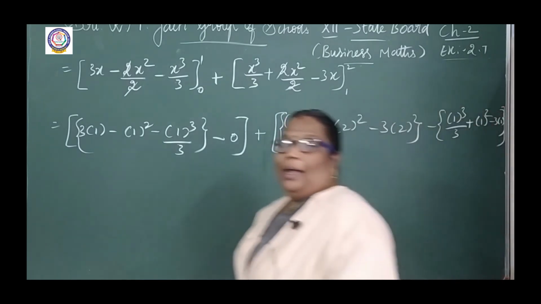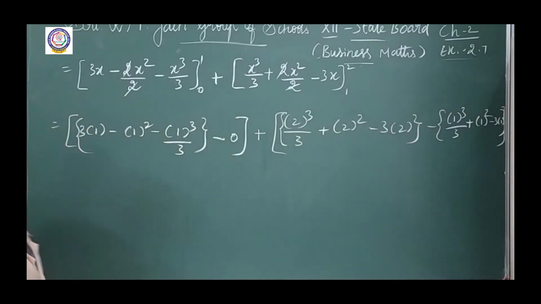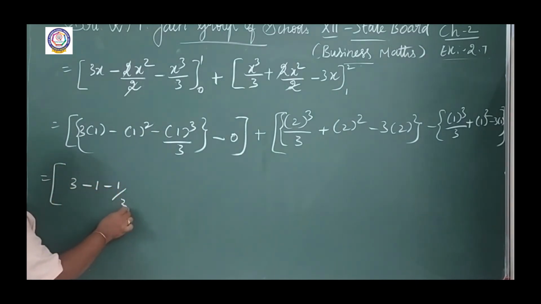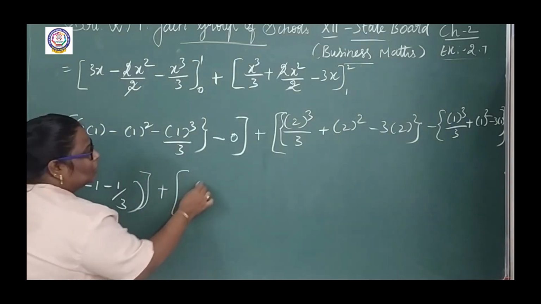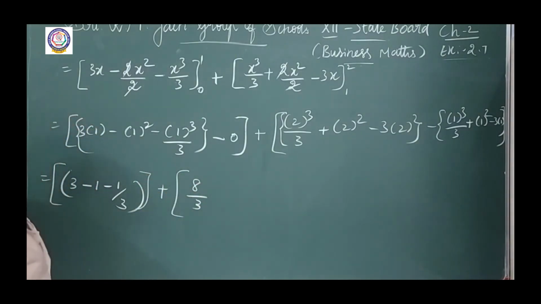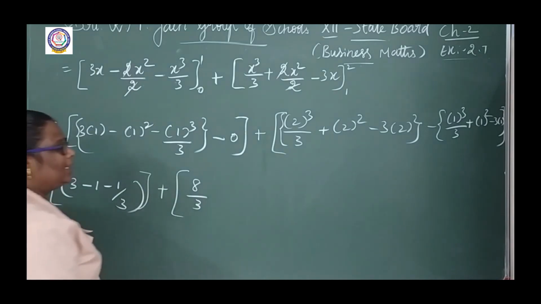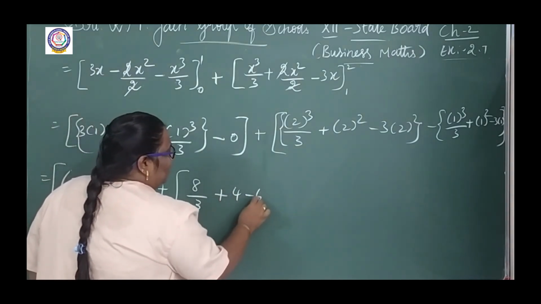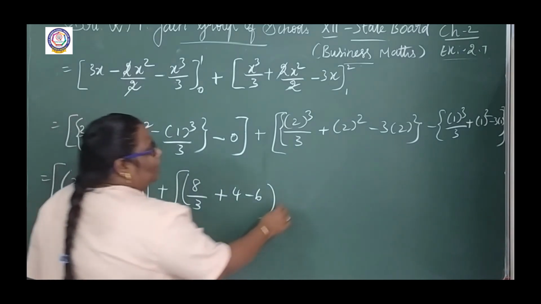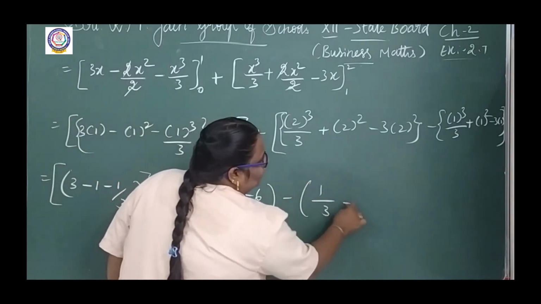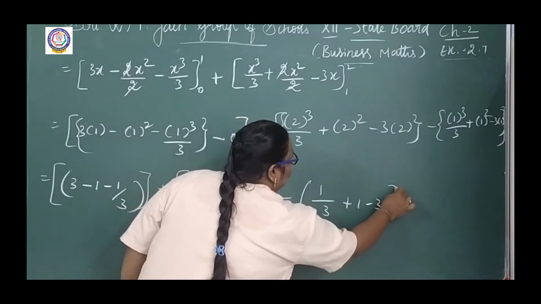Lower limit. See here, 3 minus 1 minus 1 by 3, plus 2 cube, 8 by 3, plus 4 minus 6, minus 1 by 3 plus 1 minus 3.